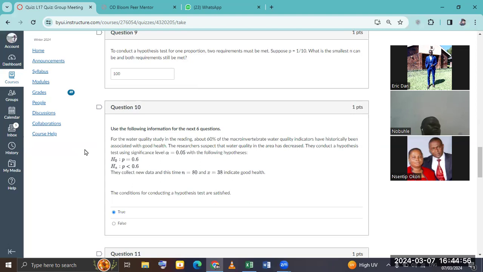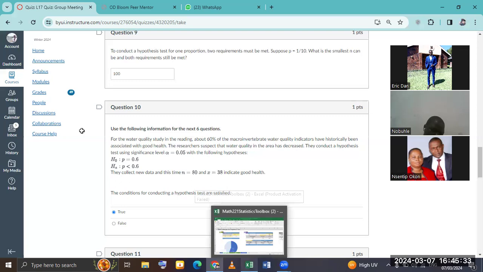They conduct a hypothesis test using the significance level alpha equal to 0.05, with the following hypotheses: the null hypothesis is p equals 0.6, and the alternative is p less than 0.6. Then they collect new data, and this time n is equal to 80, and x is equal to 38. So we just get this information, then bring it here.